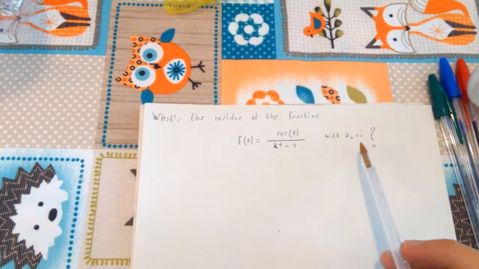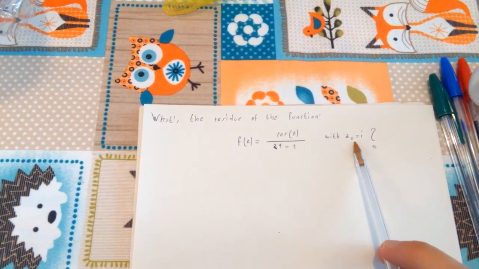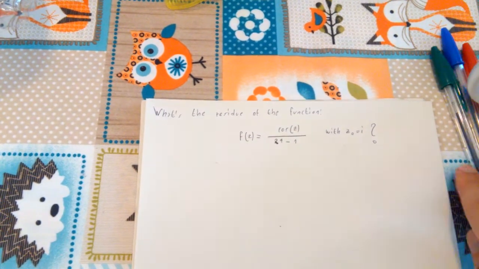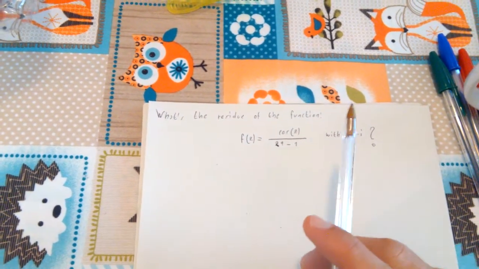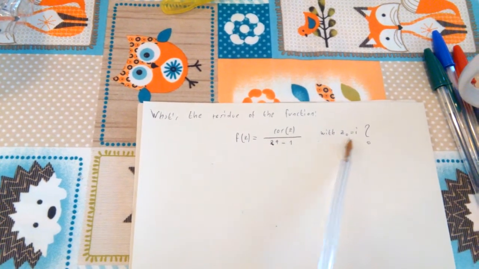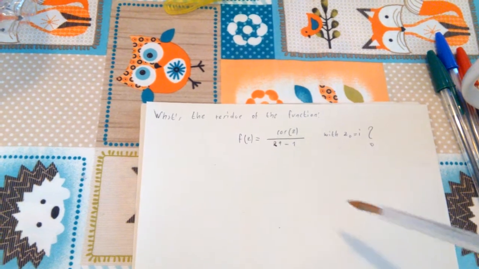Some books use the notation at z0 equal to i. It's the same, it's just a notation, literally. So what's the residue of this function at z0 equal to i?